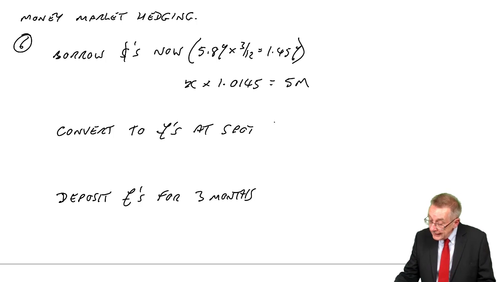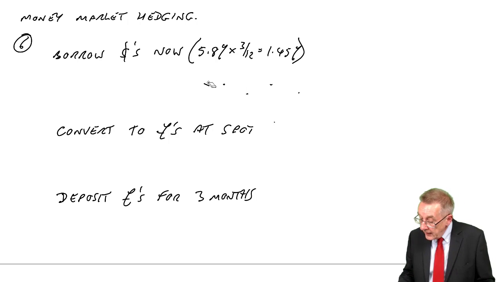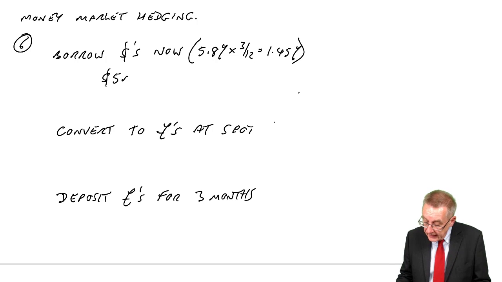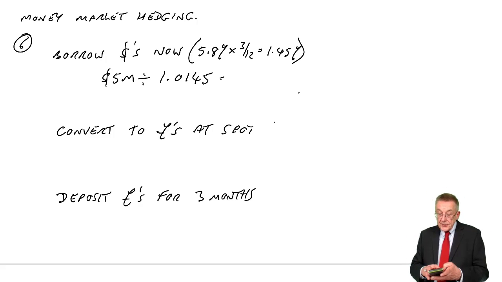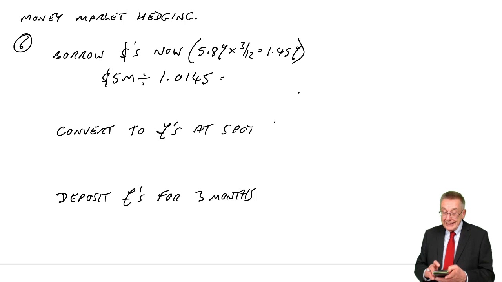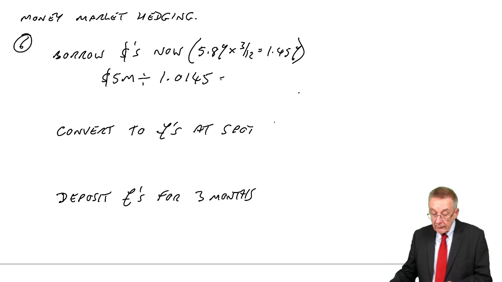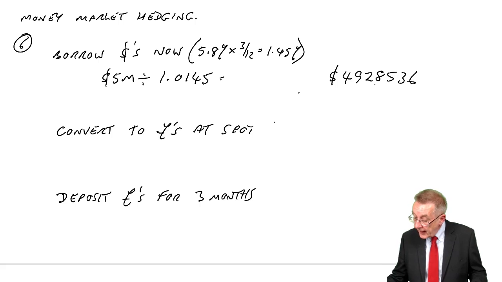X will be 5 million divided by 1.0145, which means I'll borrow $4,928,536. So there's step 1.